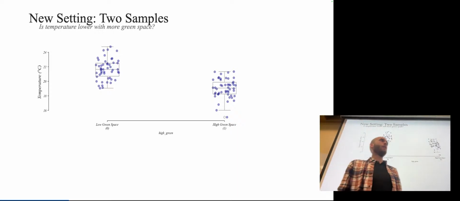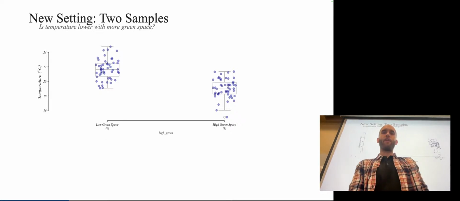Then what I want to do is try to get a visual sense of whether that question is true or not. And the place I would do that is with a box plot like this. I've jittered the horizontal axis for each of these categories, and then I just have a vertical axis here representing temperature. Okay, so this is the place to start.